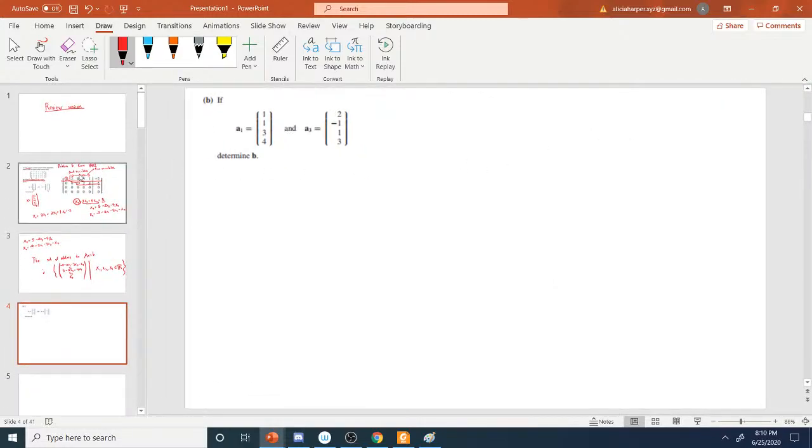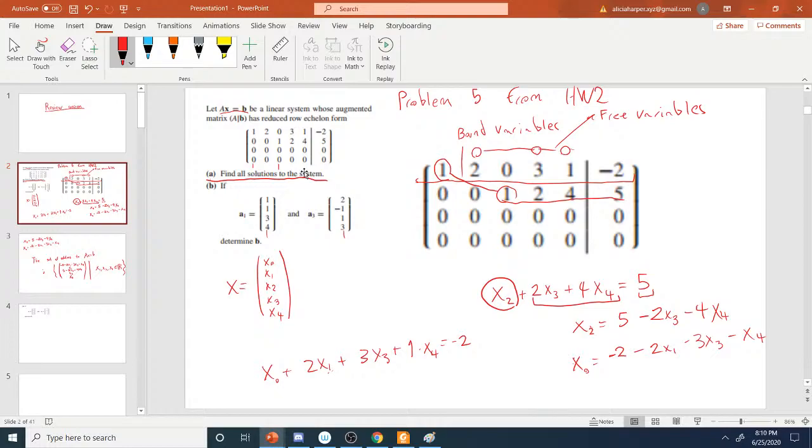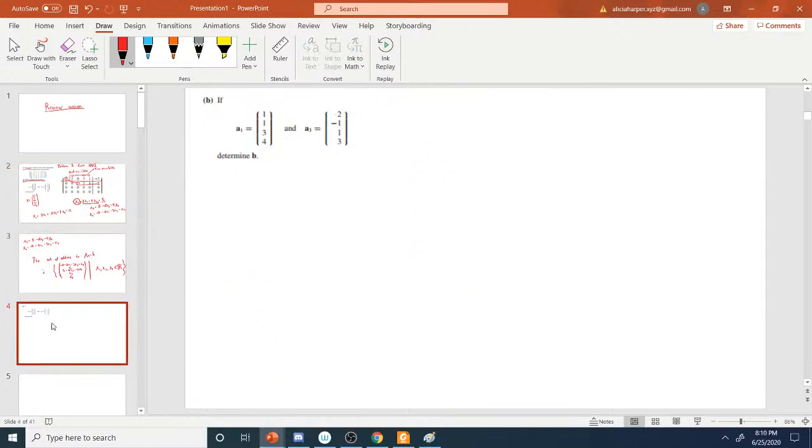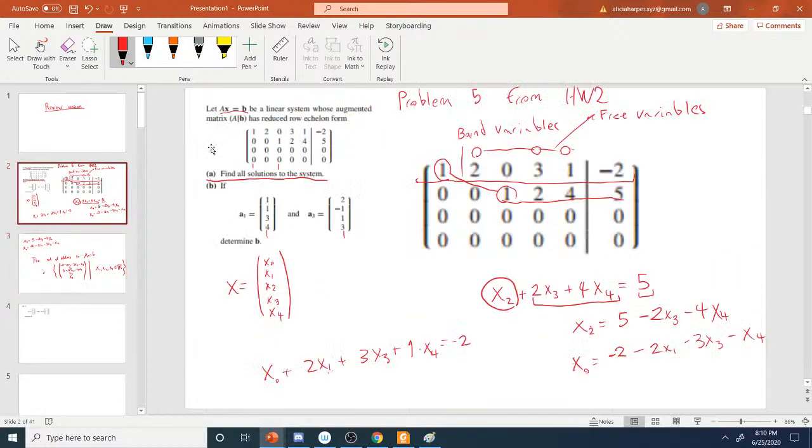And so here's how we deal with part B. What we're going to do is take A1 here and A2 here, and we are going to replace them in this matrix.